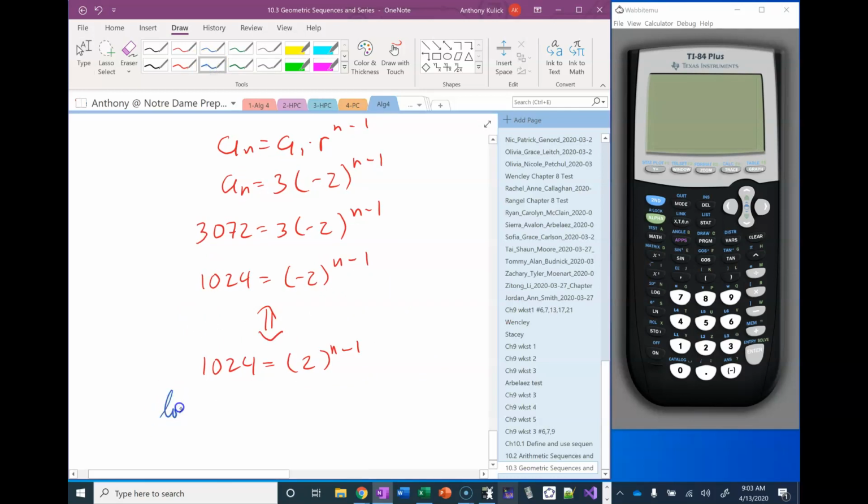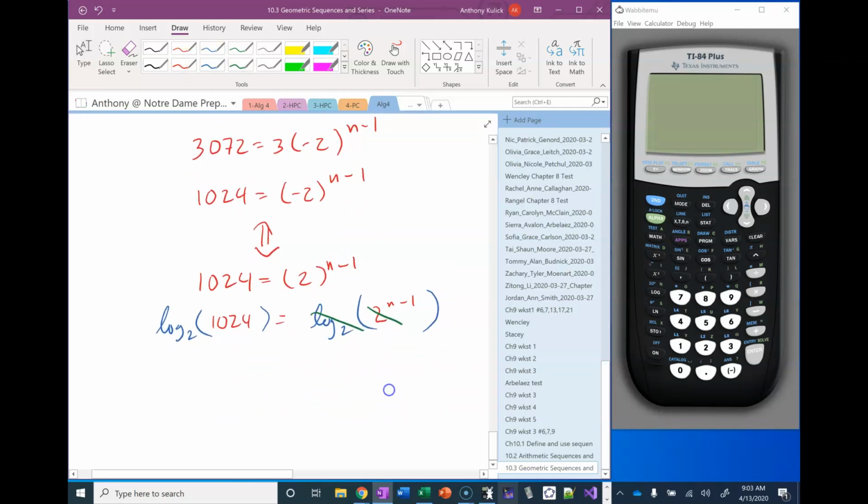So I would take the log base 2 of both sides, because I need to cancel that exponent base of 2. And we know the log base 2 cancels the exponent base of 2. And log base 2 of 1024, I can do that on my calculator.